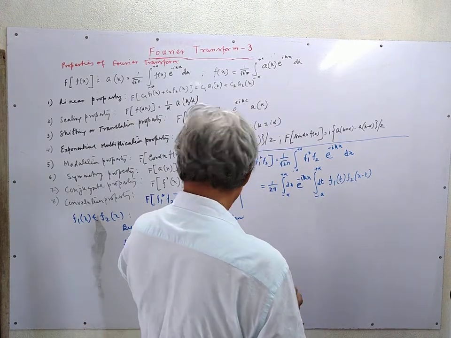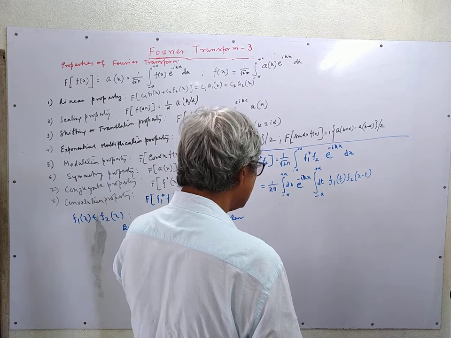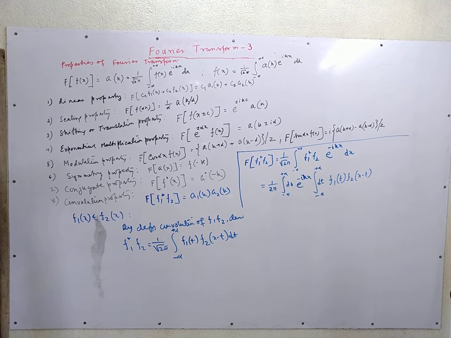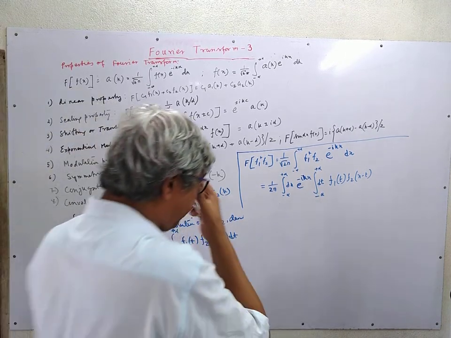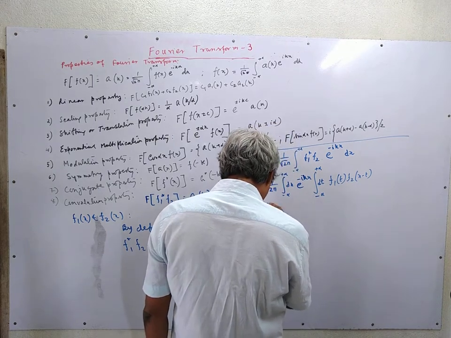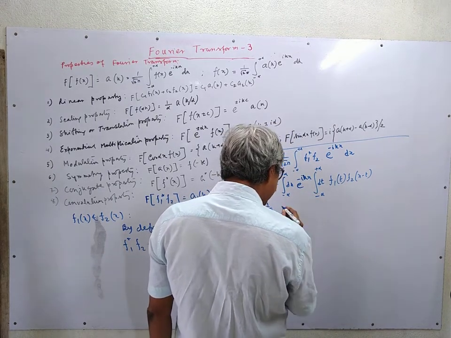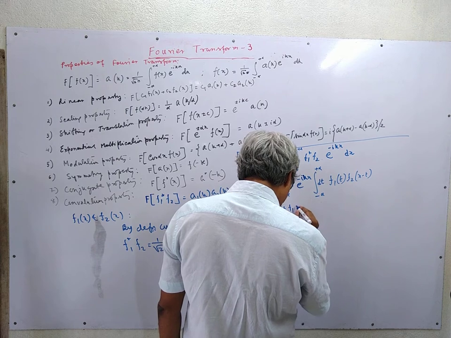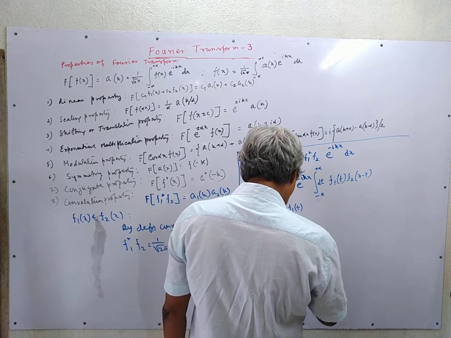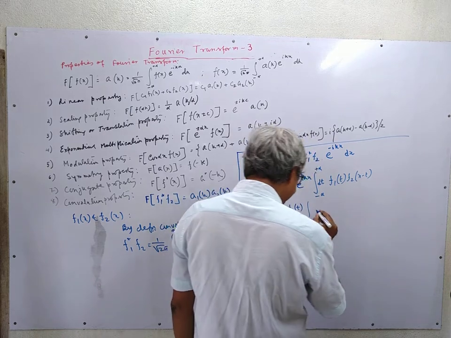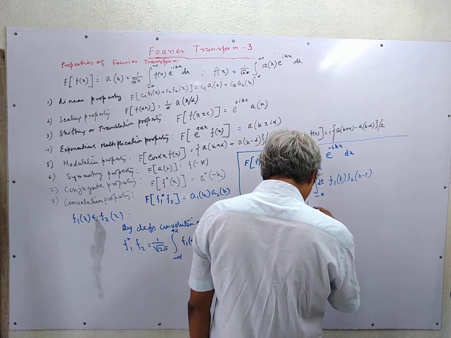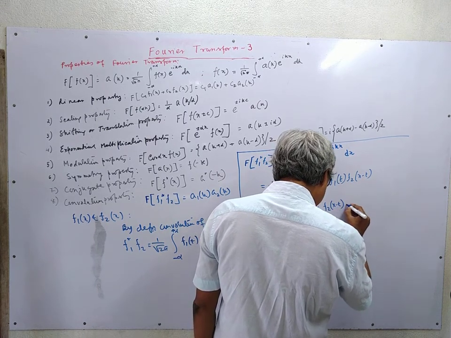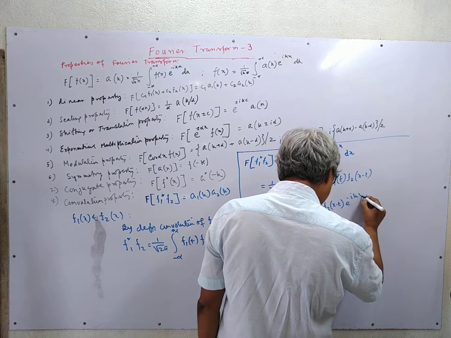Now we rearrange the integrals and we write dt, f1 of t, then integration over dx, f2 of x minus t, e to the power minus I k x.